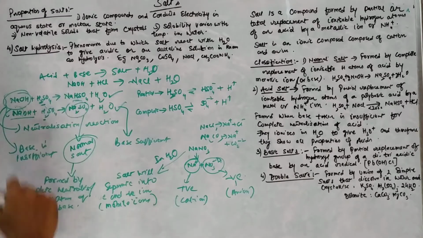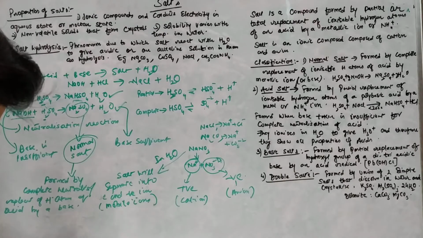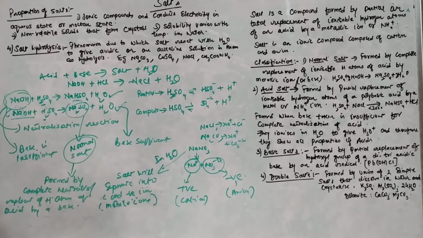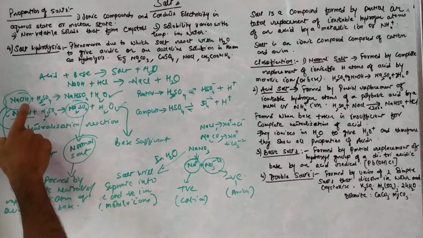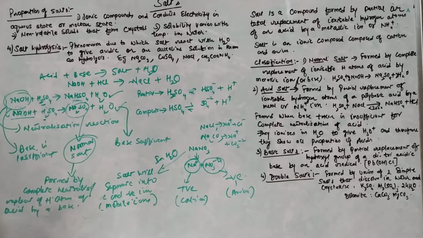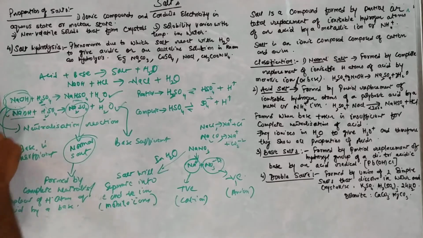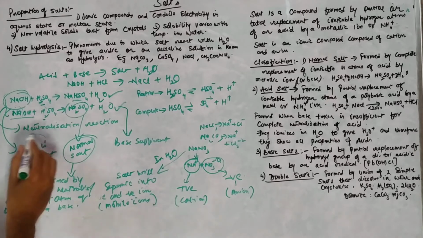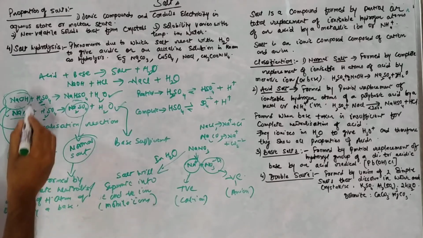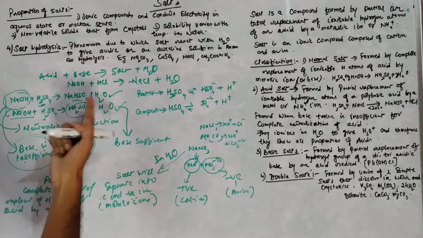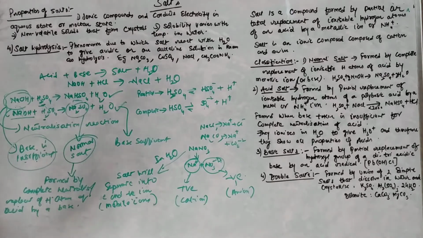This is an acid salt. We can also say that acid salts are formed when the base taken is insufficient to neutralize the acid, and this will result in an acid salt.